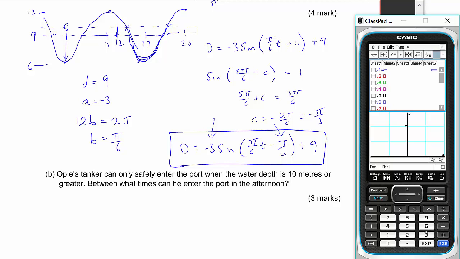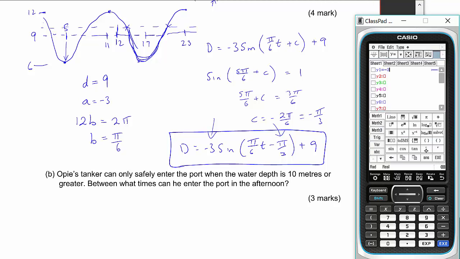We've got -3 sine of (pi by 6 x, take away pi by 3), and then add 9 to that.